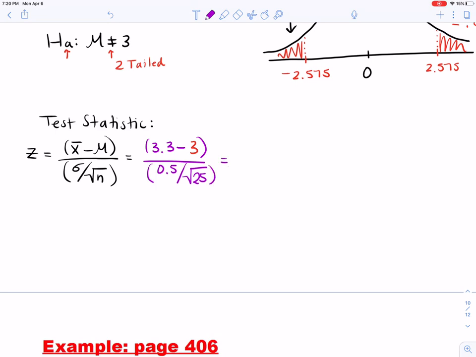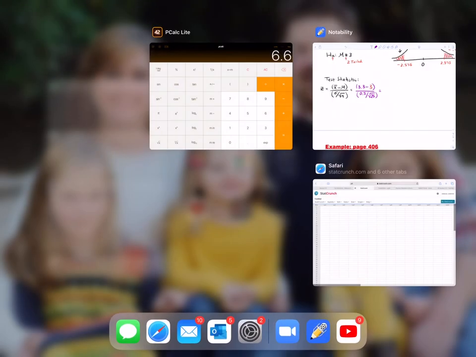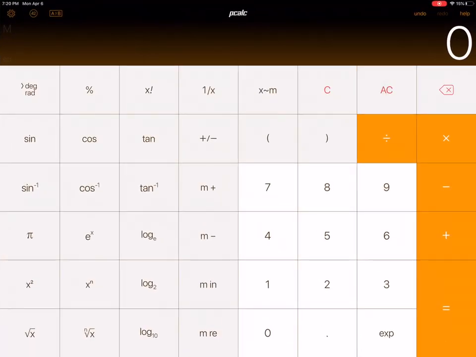Now, you want to be careful when you evaluate this. Either make sure to use parentheses carefully, or you might evaluate it in two steps and kind of approximate that denominator. All right, so I'm going to take 3.3 minus the mean of 3, what we're testing. And notice I went ahead and hit equal because I wanted that to go ahead and evaluate.